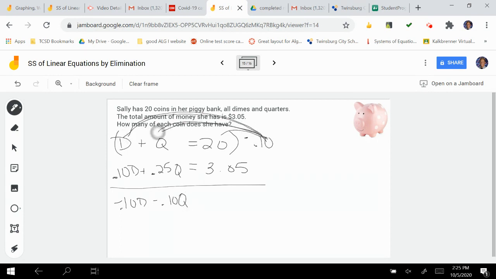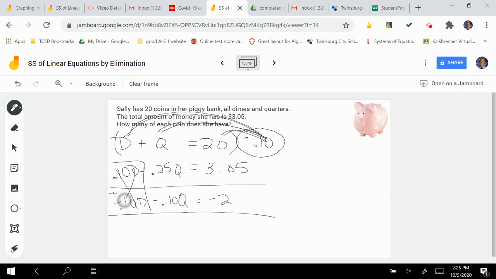What is 20 times negative 0.10? Negative 2. And now we are going to eliminate D's here. Again, the reason why we chose negative 0.10 is because we wanted to eliminate the D's. We could have also chosen negative 0.25 for the Q's, but let's not do that. Let's just stick with the D's.